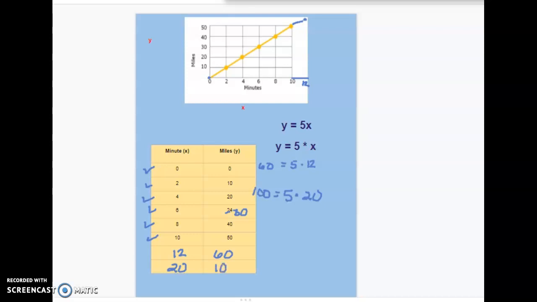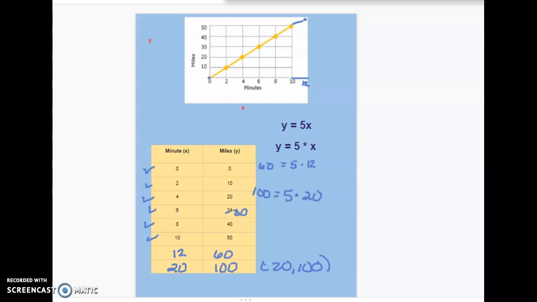I'm going to put that right here. All right, so that means in 20 minutes, this race car can go 100 miles, right? And if I put this on the graph, it's going to be way up in the top right corner. But if I extend this line, it's going to go all the way through that point. So this is how it's all connected, right?